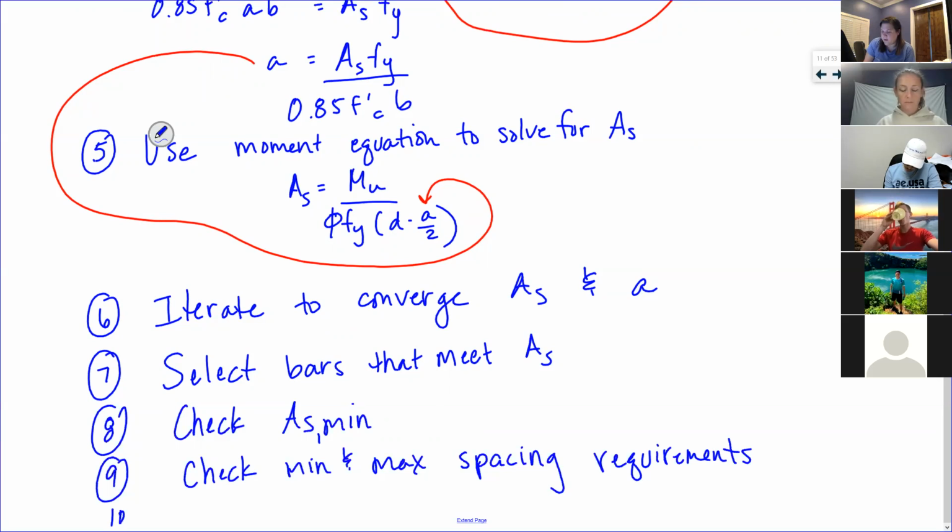And then finally, calculate phi Mn, which is what we just did for the last month and a half.